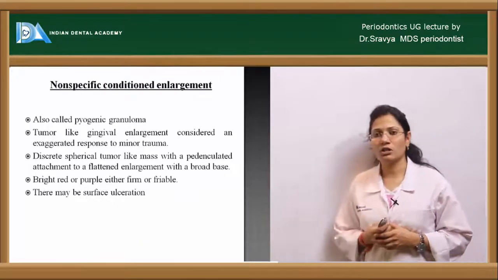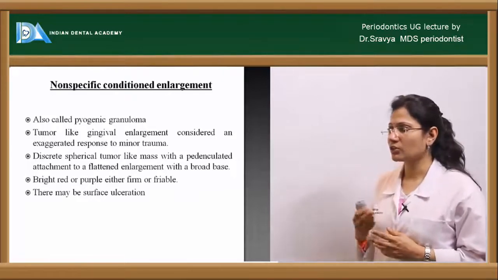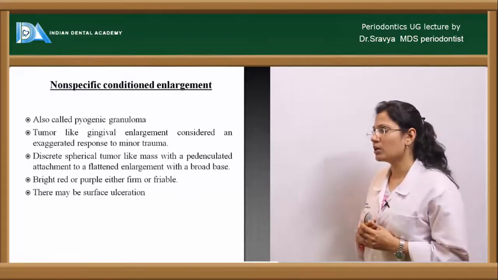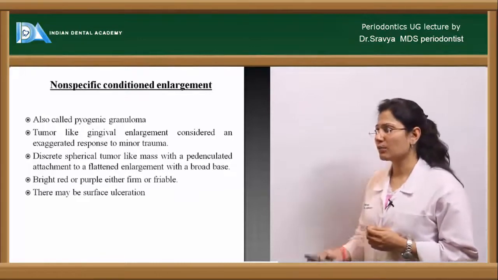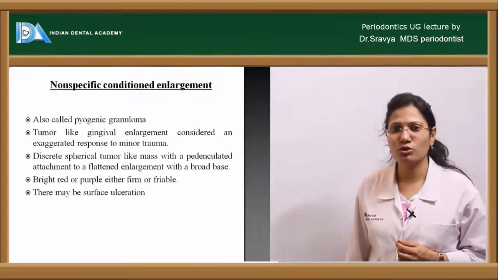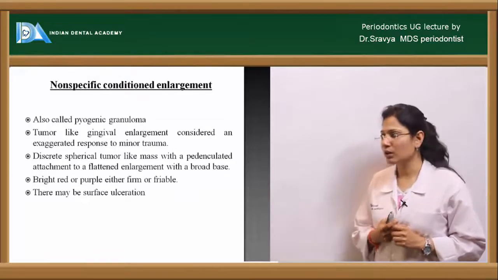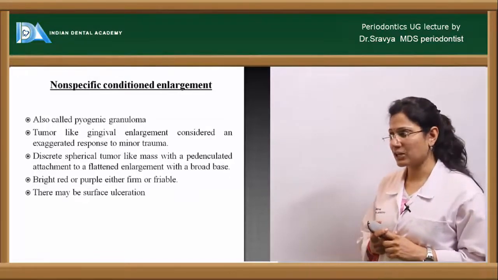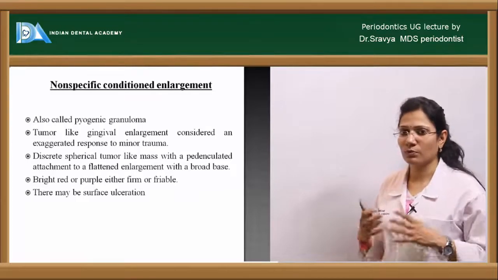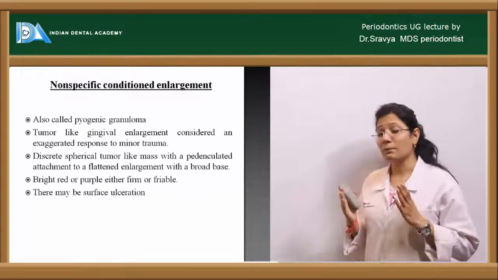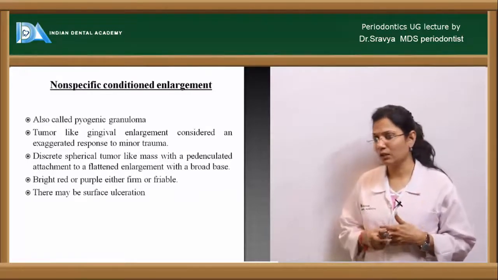Now, let's see the non-specific conditioned enlargement, also called pyogenic granuloma. It's a tumor-like gingival enlargement considered an exaggerated response to some kind of minor trauma. It is a discrete spherical tumor-like mass with a pedunculated attachment, or a flattened enlargement with a broad base, and it appears bright red or purple in color.